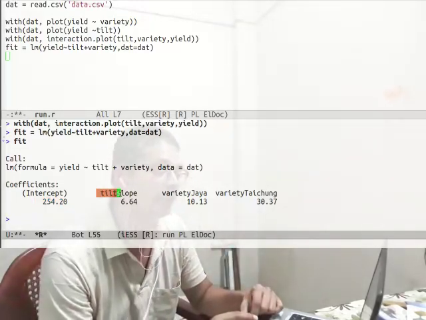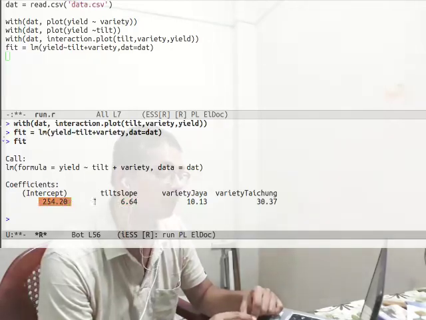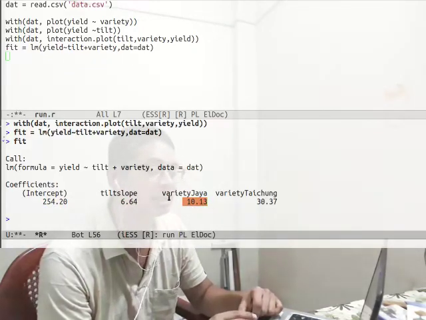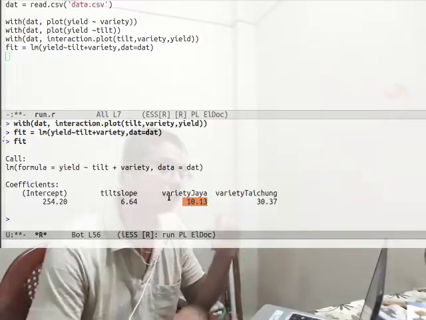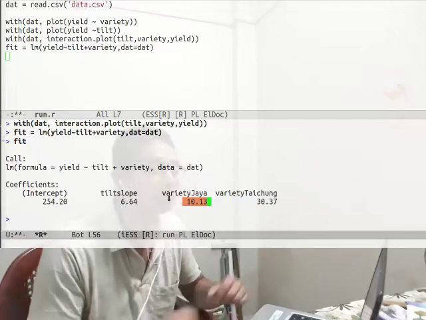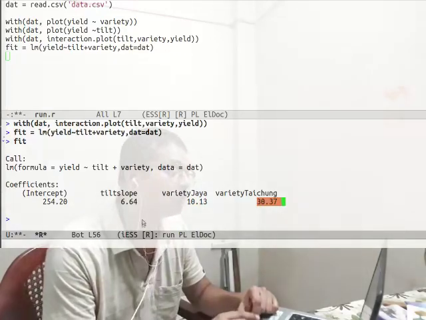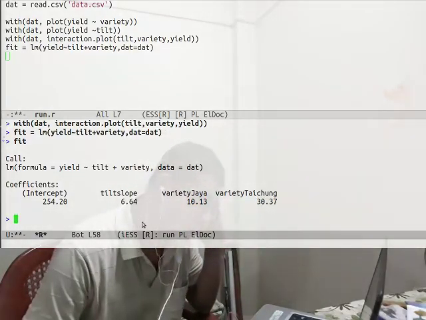So tilt plane has been forcefully made 0, tilt slope is estimated to be 6.64, so alpha 2 hat is 6.64, mu hat is 2.54, and similarly for the betas, beta 1 hat, which is variety IR8, is suppressed, it has been forcefully made 0, and beta 2 hat is 10.13 and beta 3 hat is 30.37. Now it will be an interesting exercise for you to try to do this.